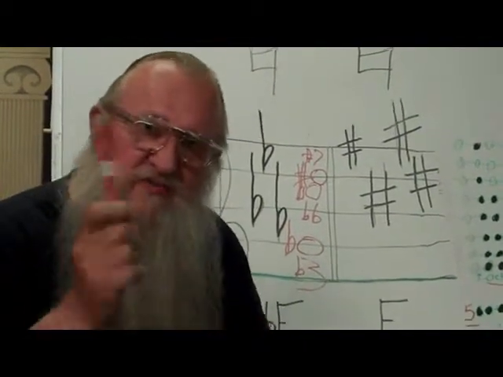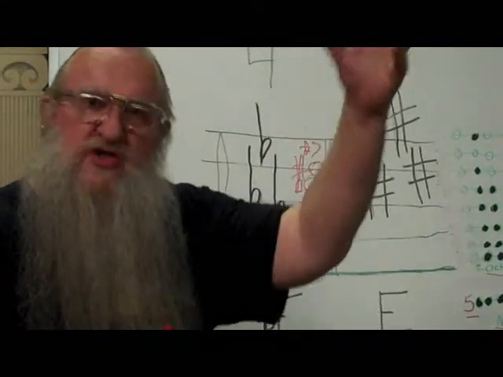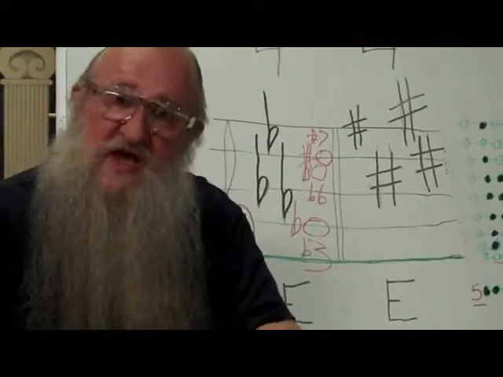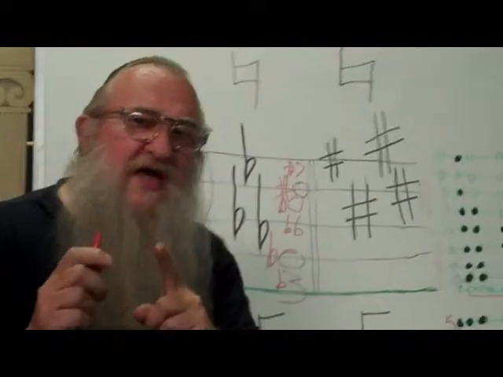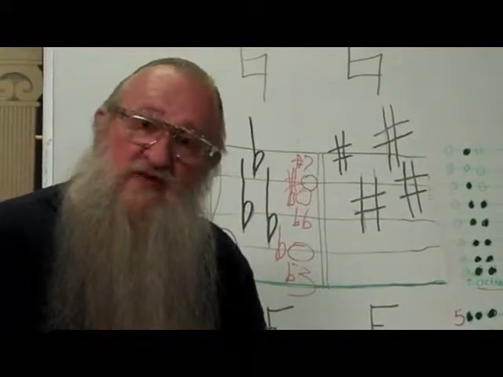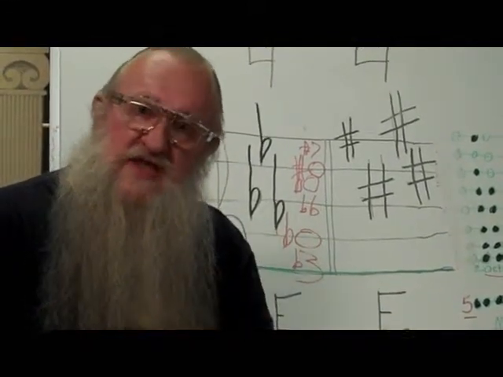The next most important thing is what happens with neutrals. It turns out sharps are sharps, flats are flats. You can think of sharps as male, flats as female if you wish, which they do in East Indian music. But the neutral sign is androgynous. The neutral sign is both male and female, and it really depends on where it comes up in what type of key signature.